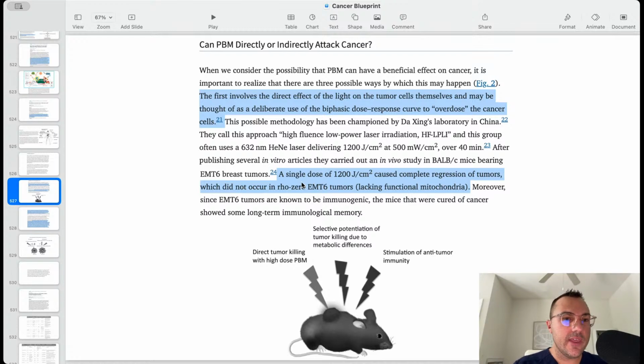So again, they gave a fairly large dose, 1,200 joules per centimeter squared, but one time, and it caused a complete regression of the tumor. But it didn't happen within tumors that were lacking functional mitochondria. So it was likely the cytochrome c caspase apoptosis response from the functional mitochondria.